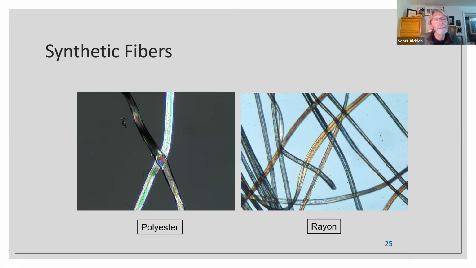That's the big difference. But again, thinking about that rainbow map of the Michel-Lévy series, see all these color fringes that are here in the polyester, and not so much in the rayon. So immediately, I'm looking at a high birefringence non-scaly fiber, and I think polyester. And rayon is an extruded cellulose, and so it doesn't have that same sort of feature.